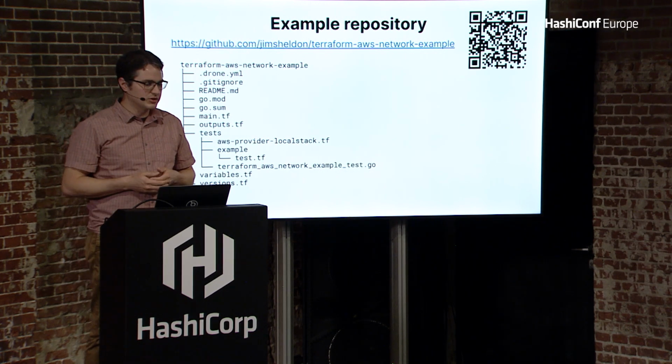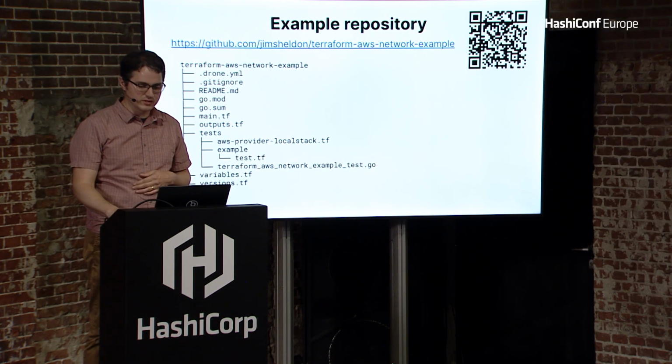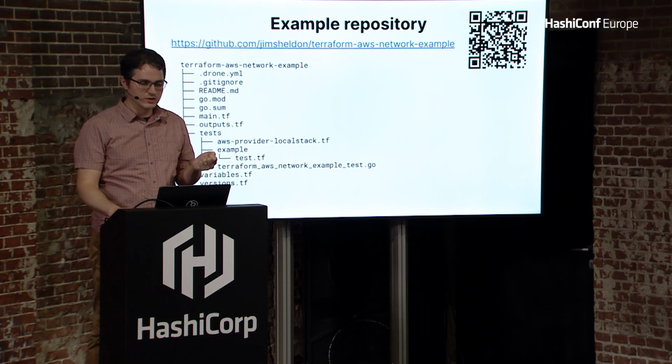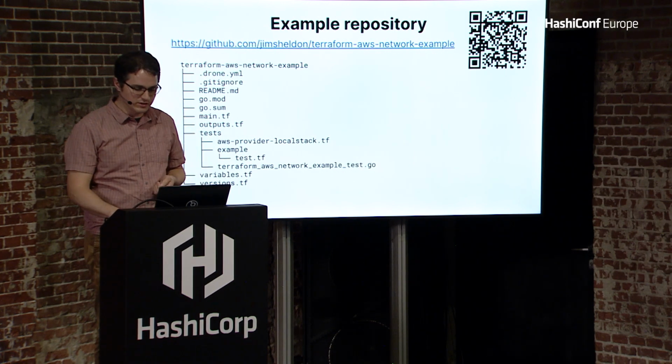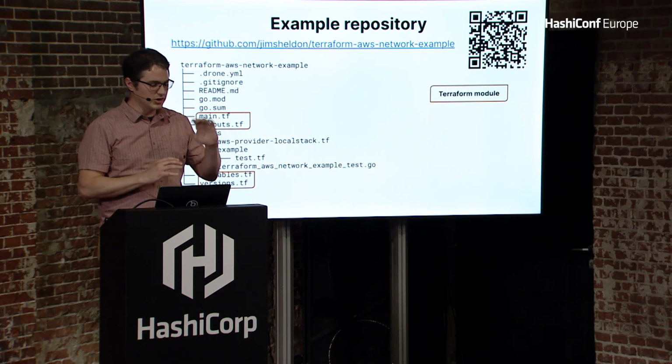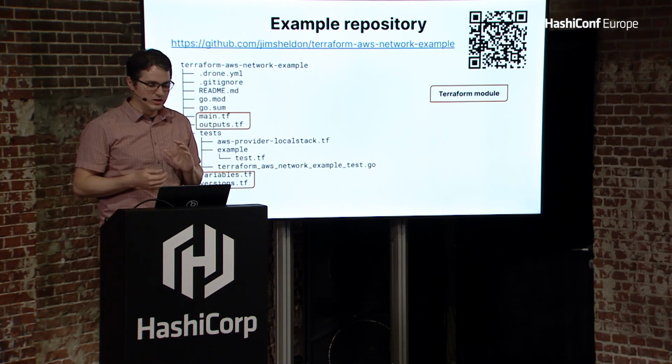So for this talk, I put together this example repository. It's an AWS networking module where it creates all the things you would expect to see in an AWS module: VPC, public and private subnets, NAT gateway, all that kind of stuff. So if we start to focus on what each of these files mean, if you've looked at Terraform modules before, hopefully these files are familiar to you.